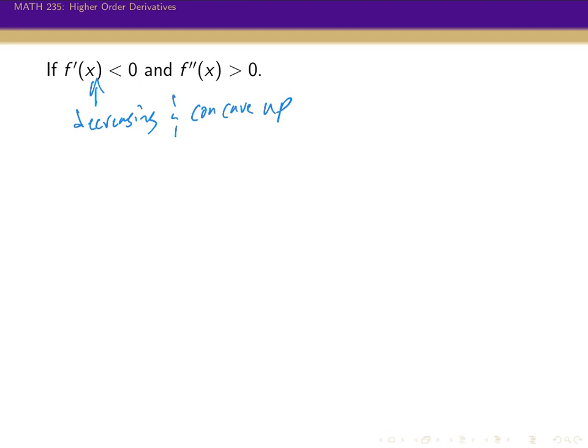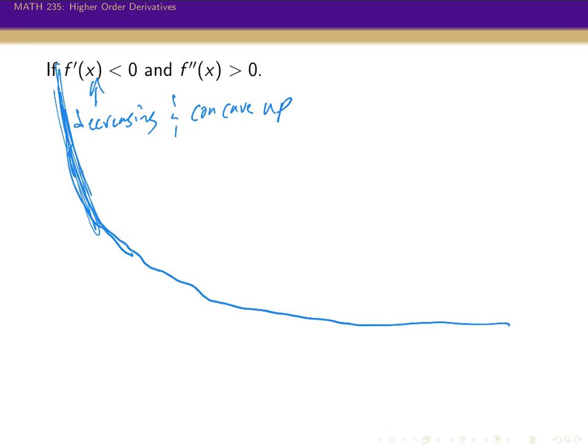Okay, so if it's decreasing but concave up, that means that at the beginning, the slope must be very negative. But then as time goes on, that slope flattens out.